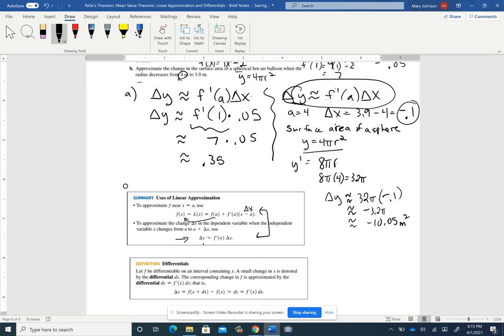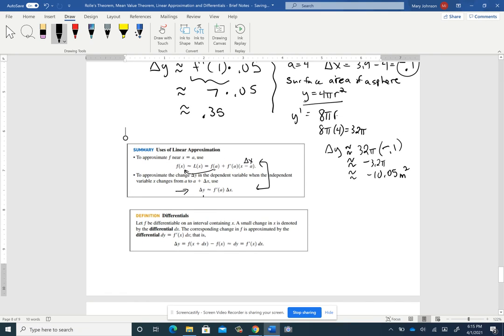All right, and then one last thing I want to mention is the idea of a differential. That change in y that we keep talking about can be approximated by dy. One of them is like using the linear approximation to the curve, and the other one is the actual change in the y's.